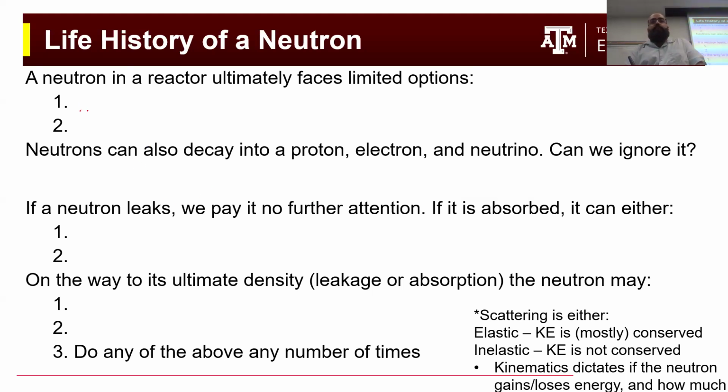The first thing that it could do is just be absorbed into something. So absorption is one ultimate fate of a neutron in a reactor. Maybe it gets absorbed into uranium, maybe it gets absorbed into the structural materials. But it could be absorbed or it could leak. And that means that it leaves the reactor.